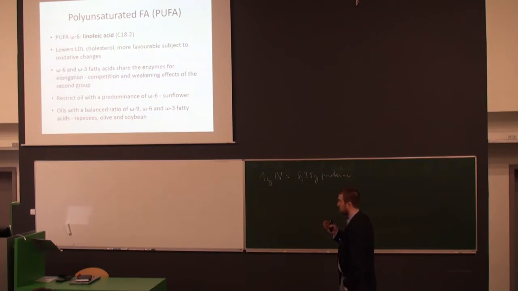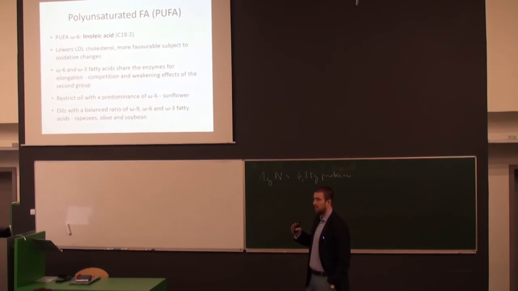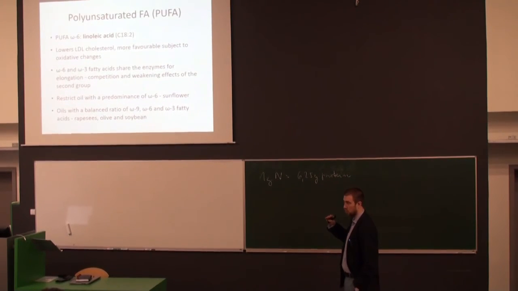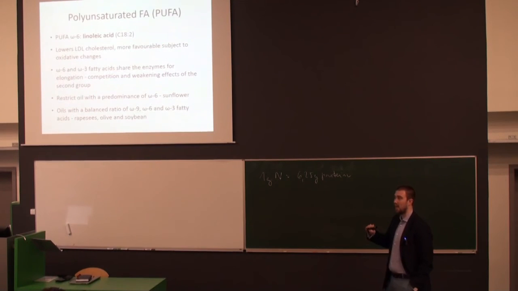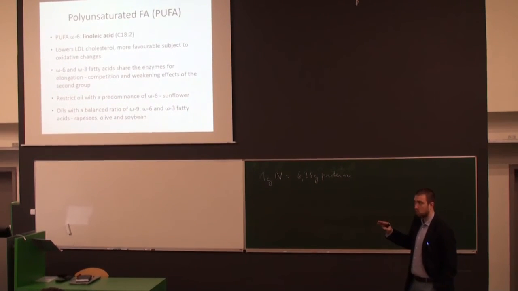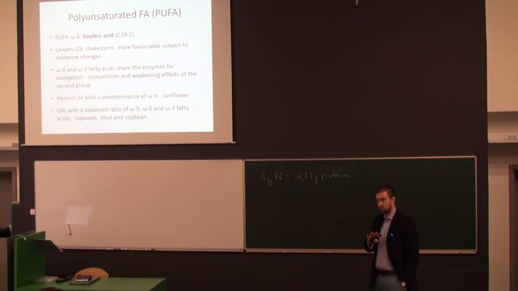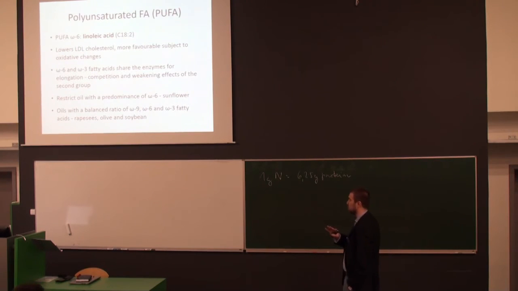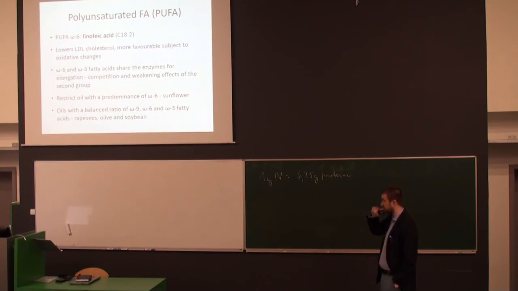And therefore, what we want to have are oils that have a balanced ratio between omega-6 and omega-3. You need more omega-6, that's true, but there should not be such a high excess of omega-6 in the diet over omega-3.